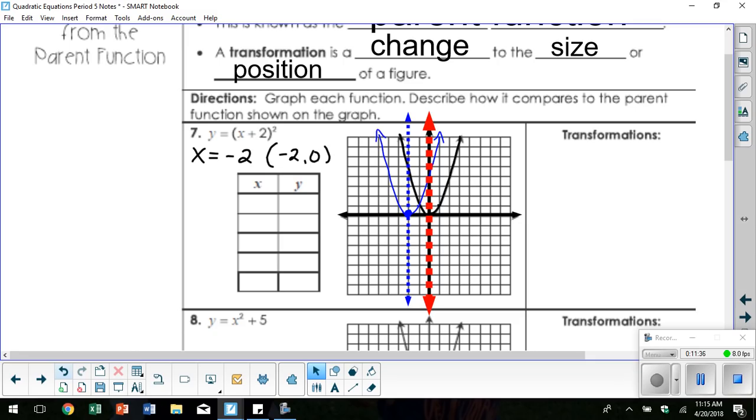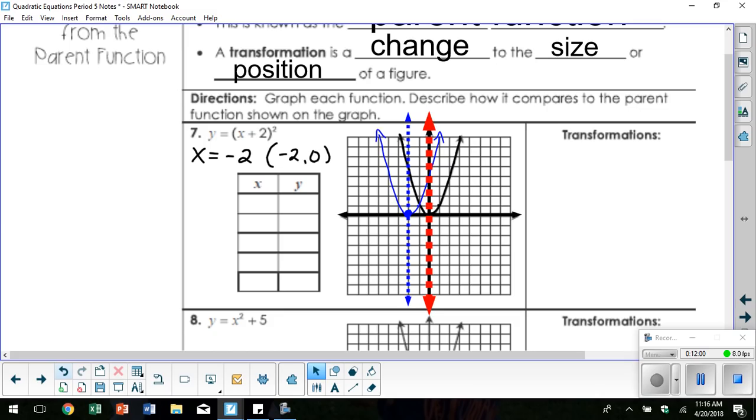So look what happened. Because it was a +2, we shifted left. I wonder what would happen if it was a -2. To the right. Shift to the right. Positive would go to the left, negative would go to the right.